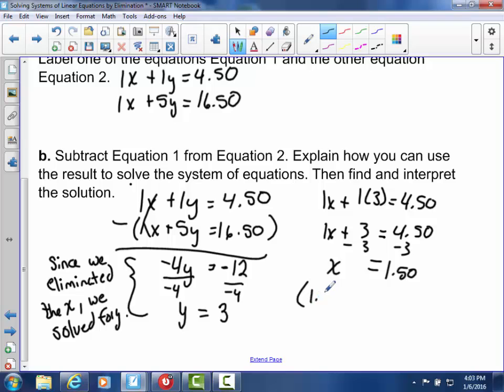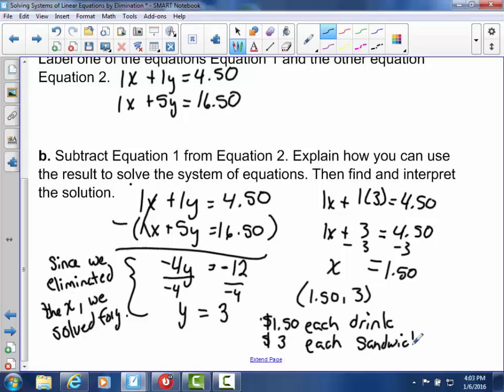So we have 1.50, comma 3 is our solution, which means x stood for the price of a drink, so it's $1.50 each drink, and it's $3 each sandwich. Okay, we answered all of their questions. Yay!